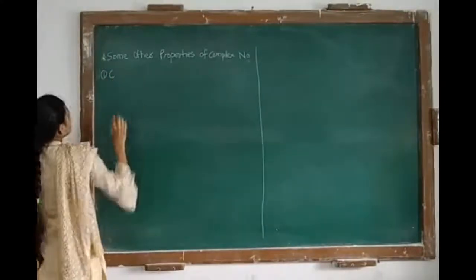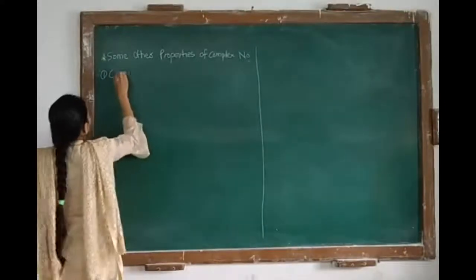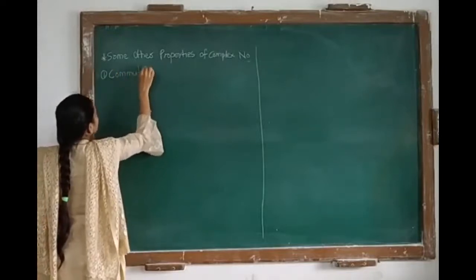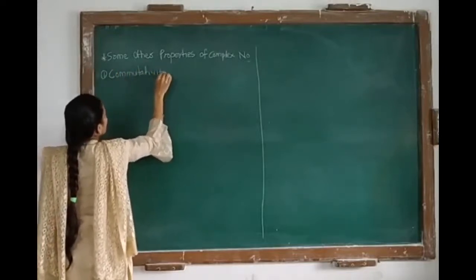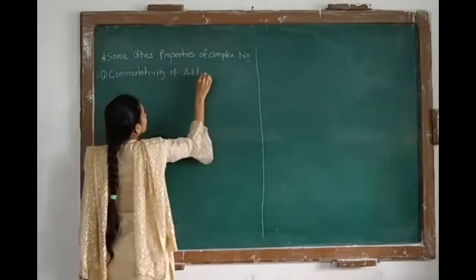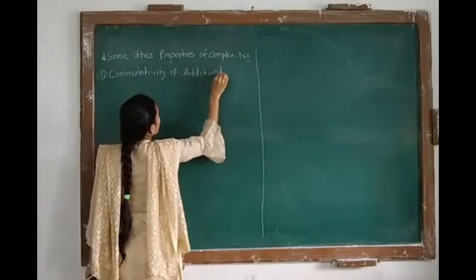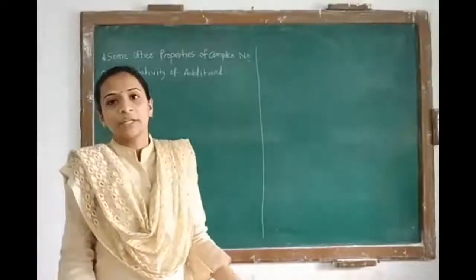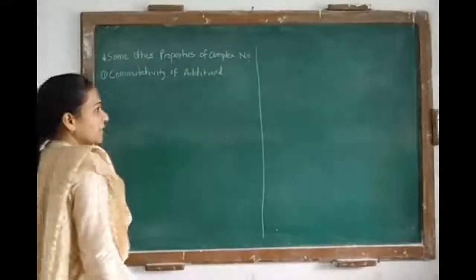First is commutativity of addition. Commutativity of addition means addition of 2 complex numbers is commutative. So what is the meaning of commutativity?